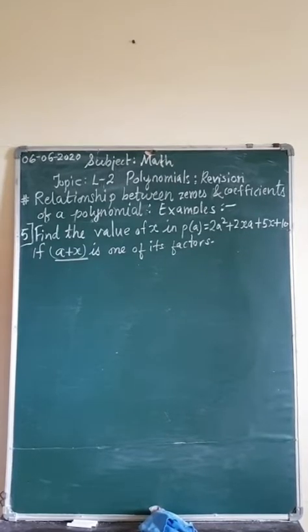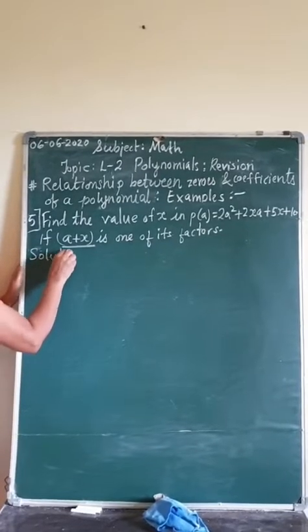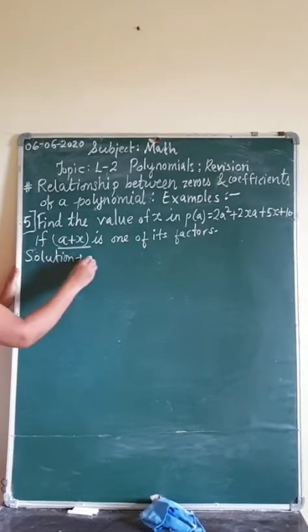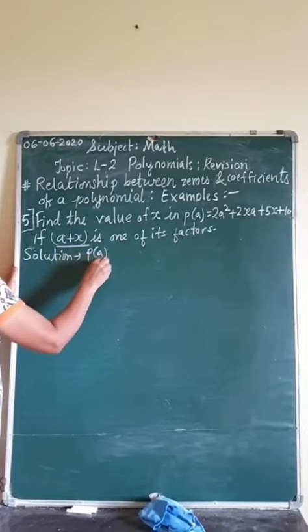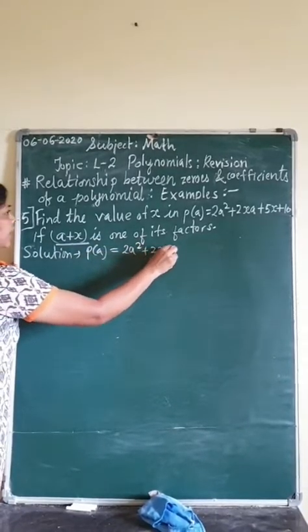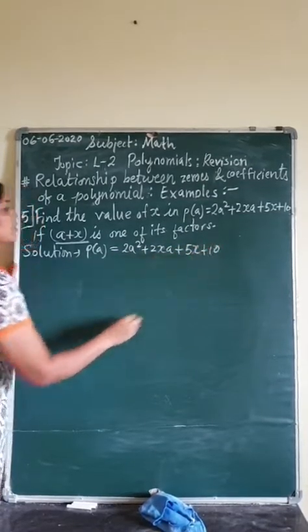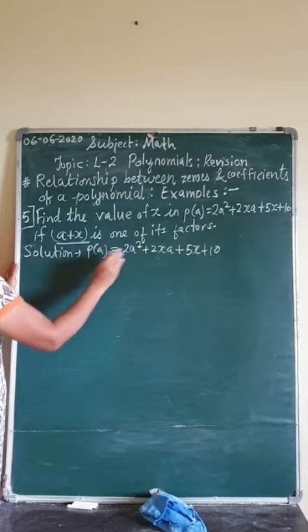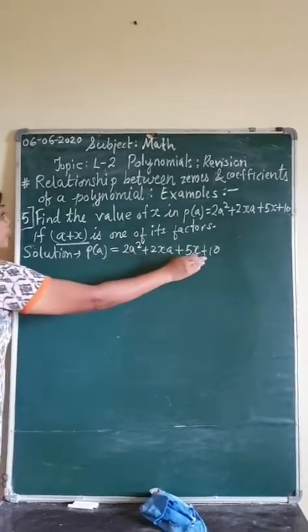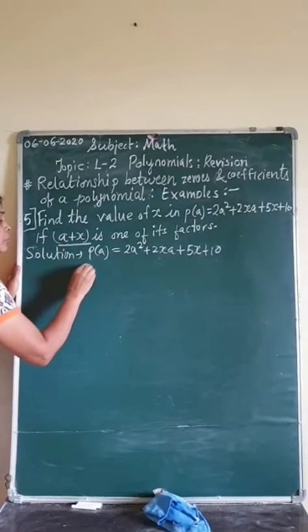So let's start with the solution. Here they have given us the polynomial 2a square plus 2xa plus 5x plus 10. Now the value of this whole polynomial will be equal to 0 if a plus x is equal to 0.